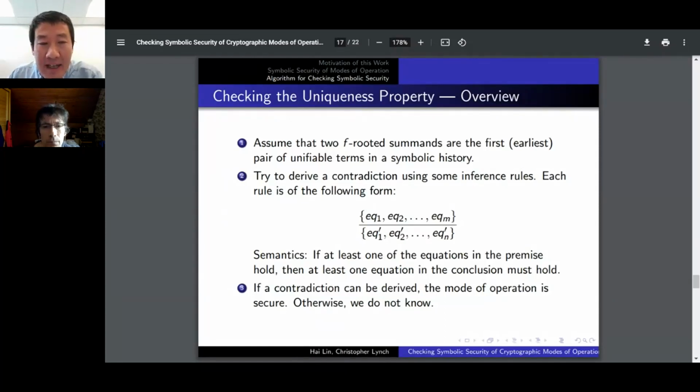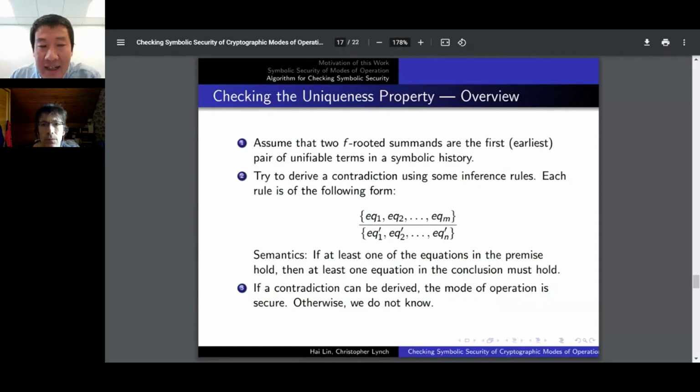The semantics is that if at least one of the equations in the premise holds, then at least one equation in the conclusion must hold. Essentially, each equation represents a particular possibility, and the set of all equations represents the set of all possibilities. If we want to derive a contradiction, we should try to make the set an empty set.